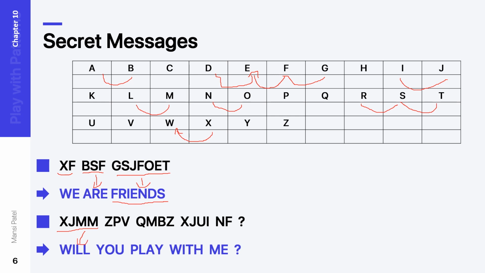What about ZPV? Before Z, Y. Before P, it's O. And before V, it's U. So ZPV represents the word YOU. Will you.